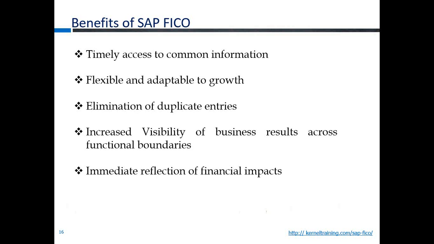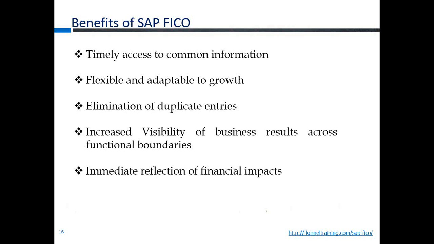And then increased visibility of business results across functional boundaries. From the management point of view, you have increased visibility of business results. What is a business result? Ultimately, it is your financial statements, say for example your P&L, your balance sheet, your cash flow statement, your bank flow statement, any AS21 report, or your related party transactions.